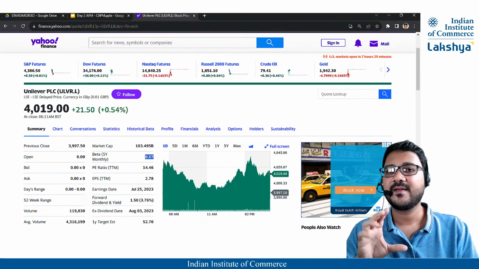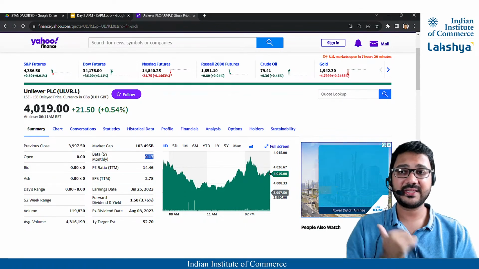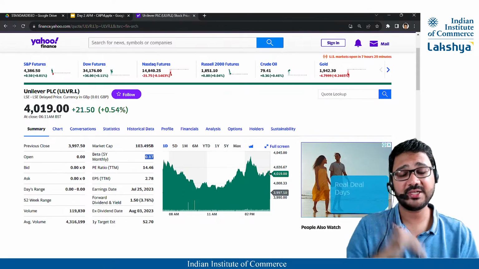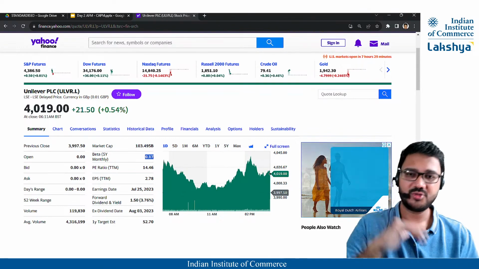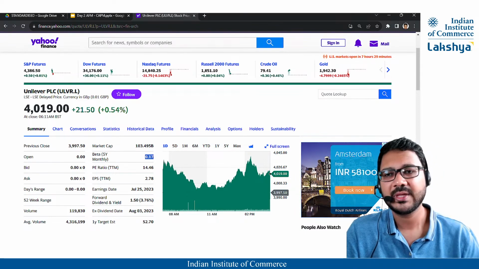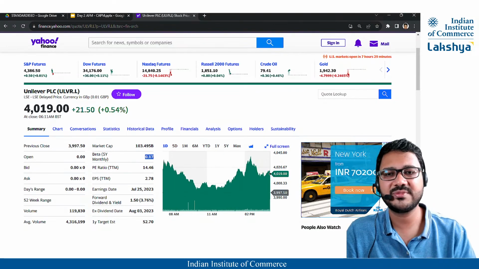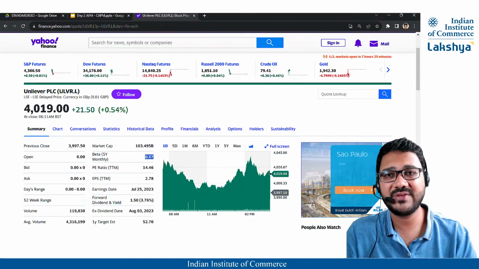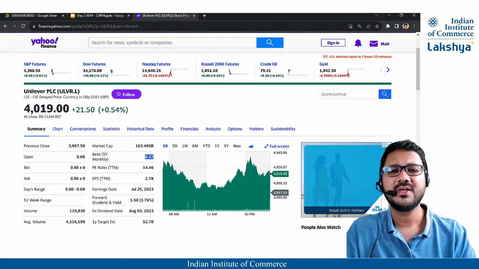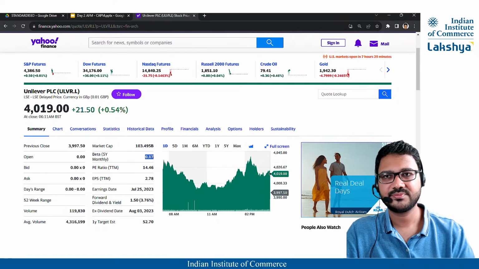Which basically is saying that this has lesser risk than the market. So, since you are taking lower risk, you are okay with lower returns. Typically these are called defensive stocks. Pharma, FMCG are considered defensive. Why? Because people are going to continue buying these products irrespective of the market conditions.